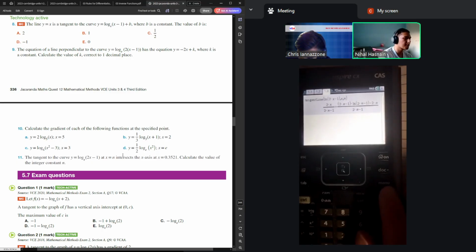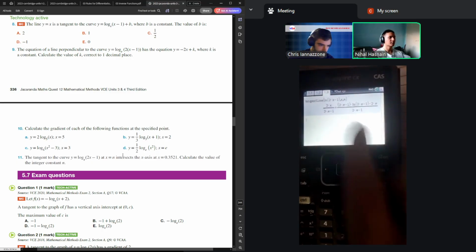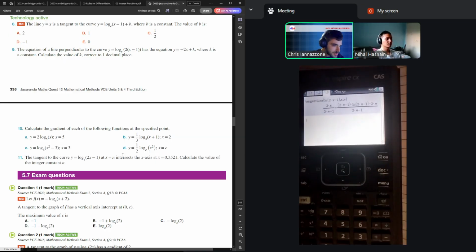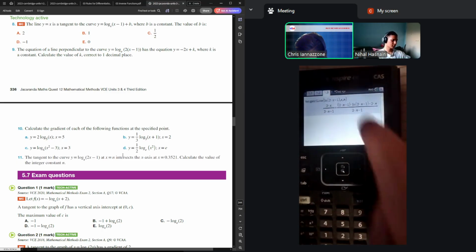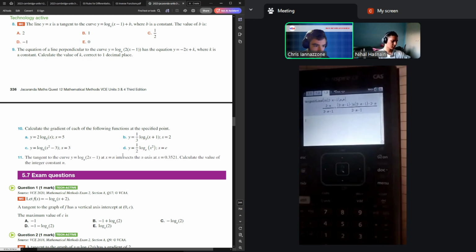Now that's basically a linear equation at that point. We're told that linear needs to intersect the x-axis at that decimal spot. Intersecting the x-axis is just an x-intercept. So in other words, let y equal 0 and solve for x.